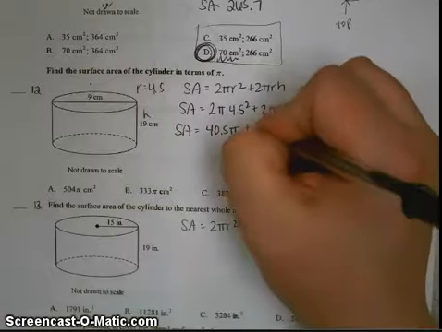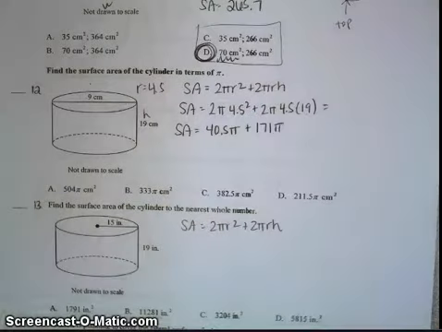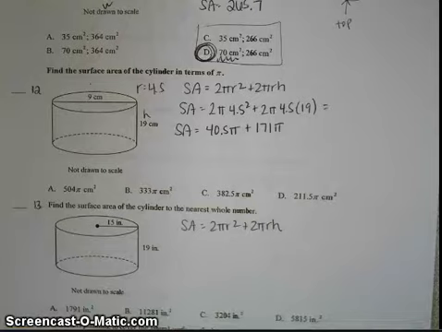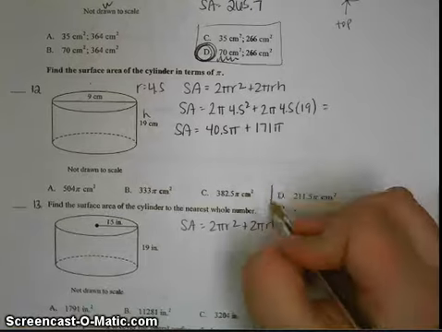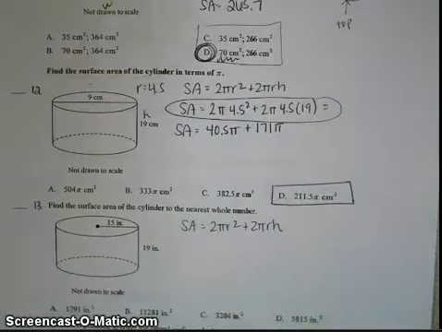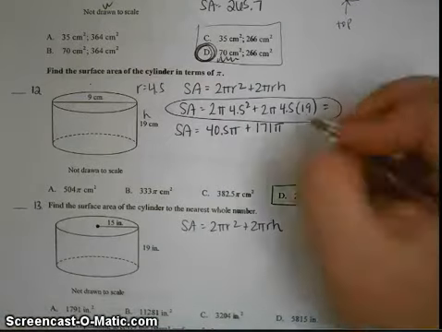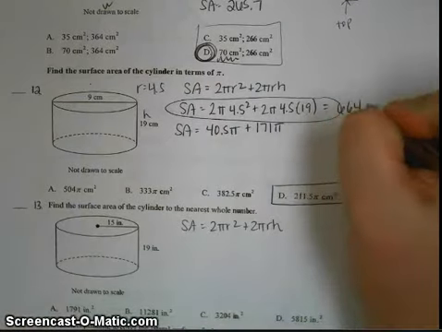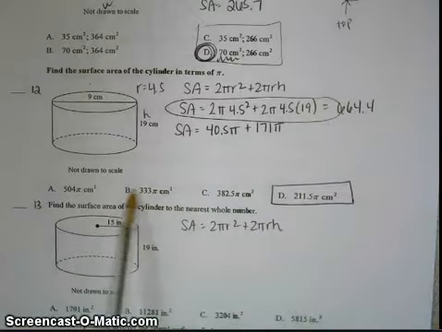is 171 pi. So if I added those together, 40.5 plus 171 gives me 211.5 pi. And again, if you just entered all of that in your calculator and pressed enter, it would give you 664.4. So how would I know which answer is equivalent?